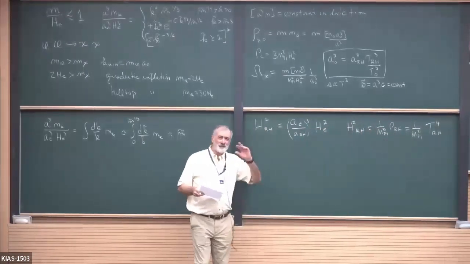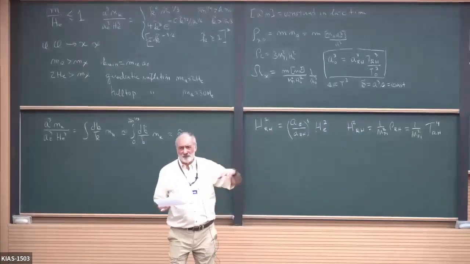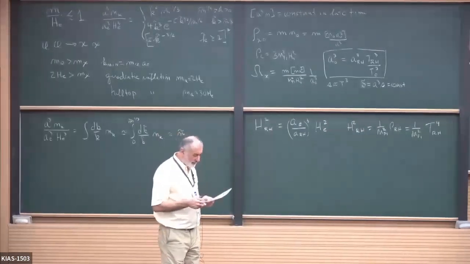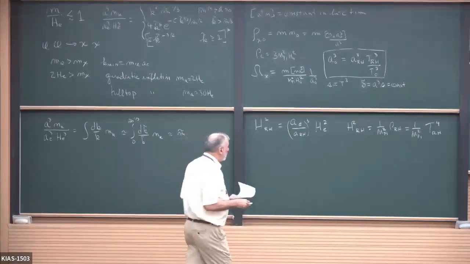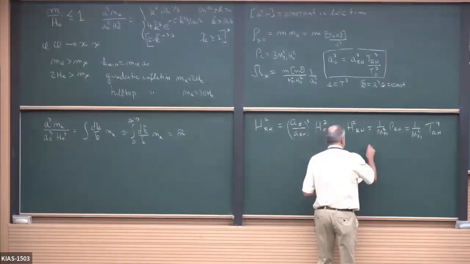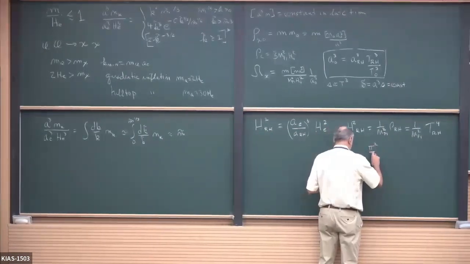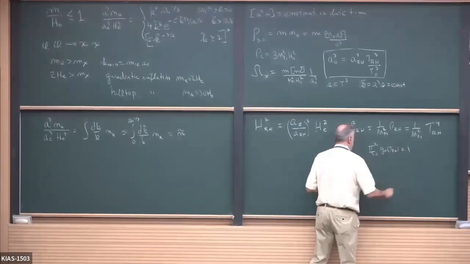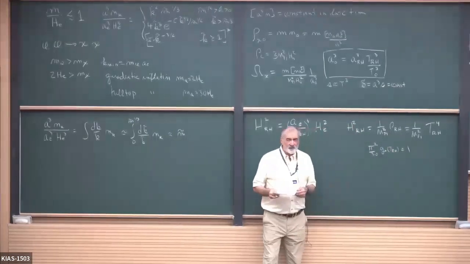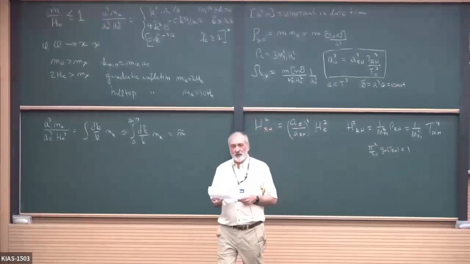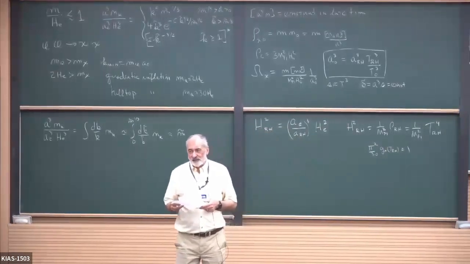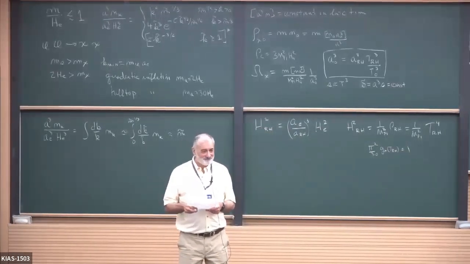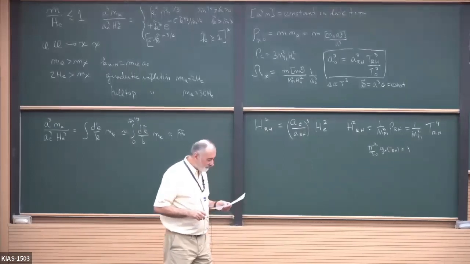There are factors of 8 pi, numbers of g-stars and things like that that I'm ignoring. So small factors I'm setting equal to 1. I'm not worrying about any prefactors.